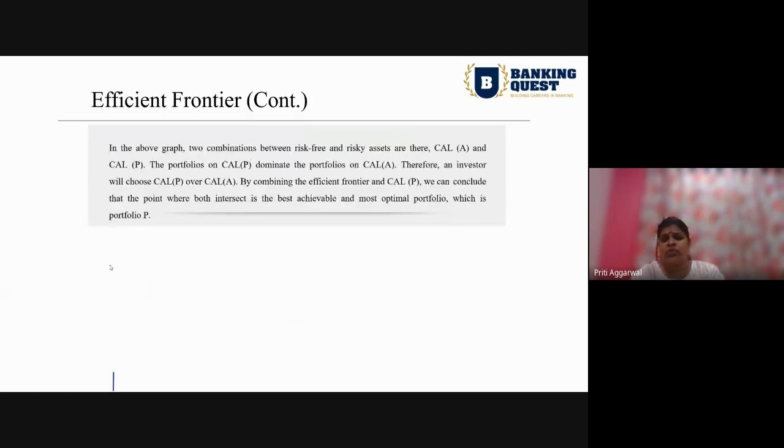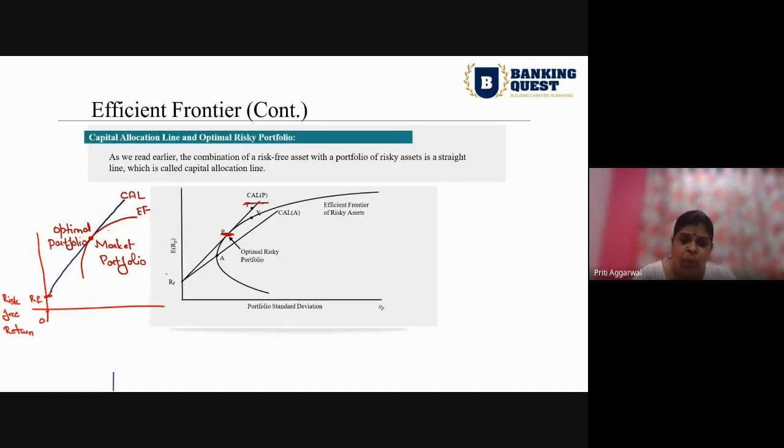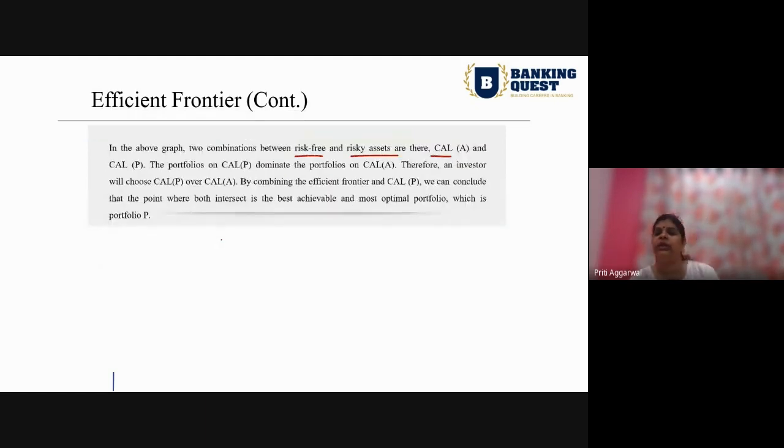So this is what we have already talked about, that in the above graph, two combinations between the risk-free and the risky assets are there on your CAL, right? And the portfolios on CAL P dominate the portfolios on CAL A. So there are two CALs which I have drawn, both running from your risk-free rate. One is on P and one is A. So the one which intersects the efficient frontier is said to be the efficient portfolio, right?